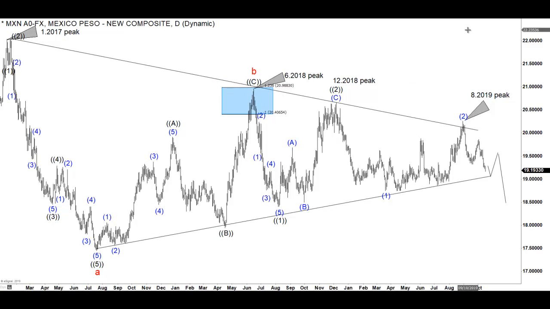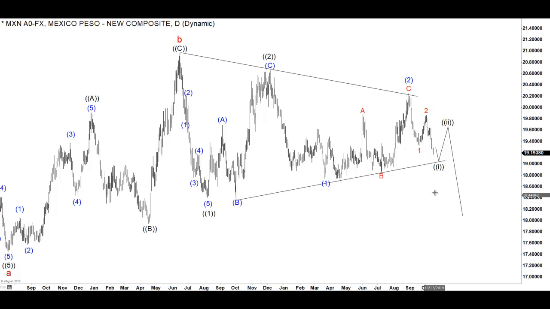So again, we are supporting the peso multi-year consolidation to break lower into the 16, 17 area, and we believe over here that the market can be doing a short-term nest that is going to retest the multi-year downside trend line, and a reaction soon into these areas will at least be taking place, and then the market most likely is going to trade lower into the 17, 16 area.